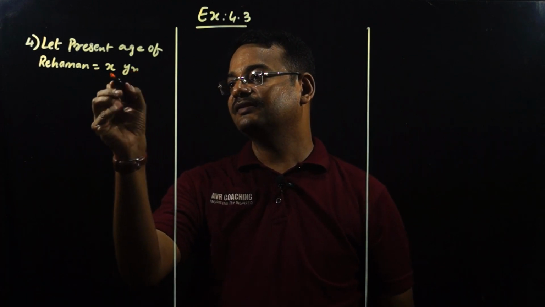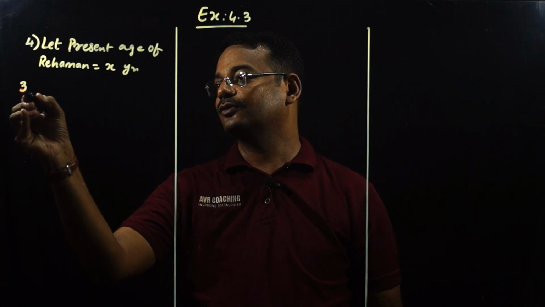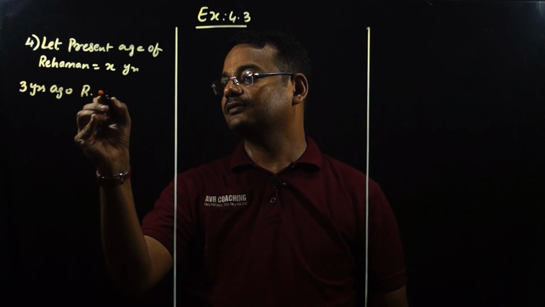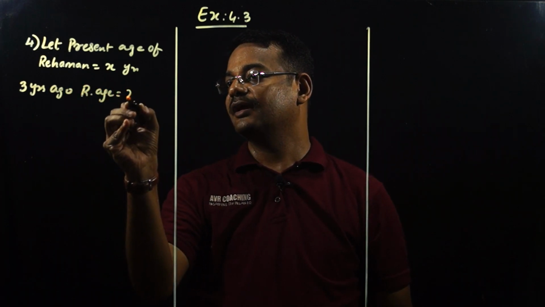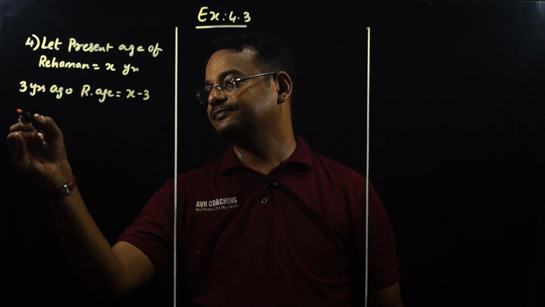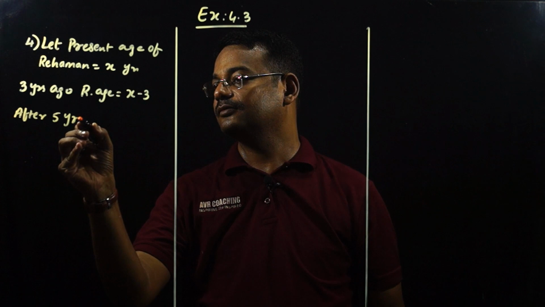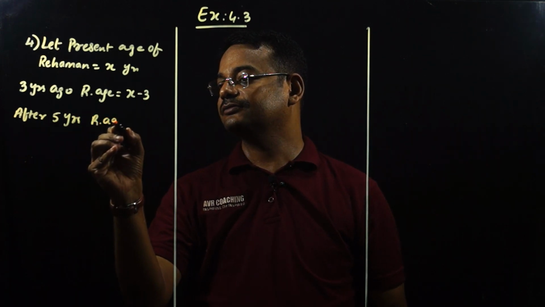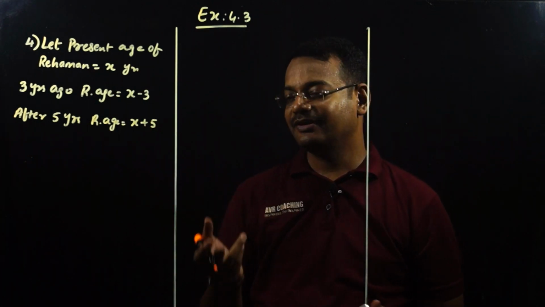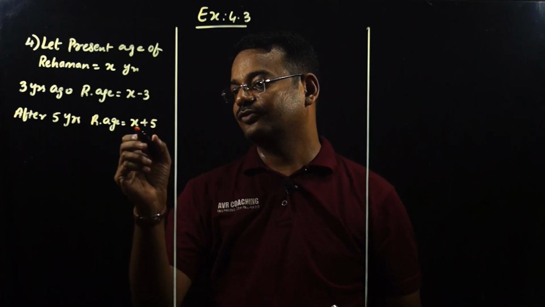Therefore, Rahman's age 3 years ago is x minus 3, that is present age minus 3, and after 5 years Rahman's age will be x plus 5, because if you are today 10 years old, after 5 years you will be 10 plus 5, that is current age plus 5, so x plus 5.